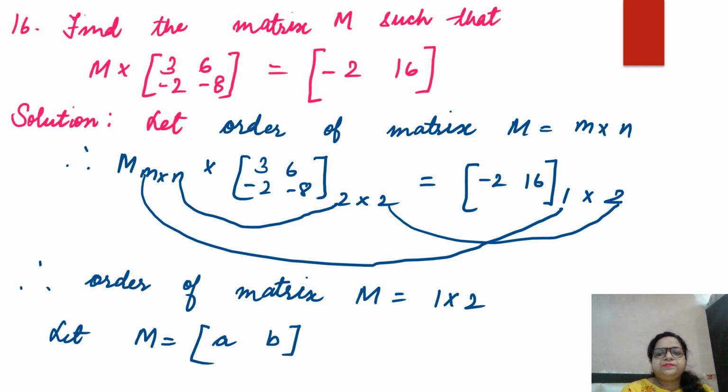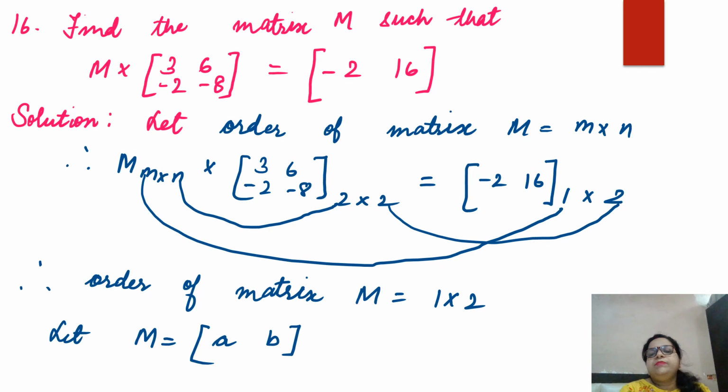It is given. So n, the number of columns in M, is equal to the number of rows in the second matrix, that is 2, and m will be equal to 1, because (m by n) into (n by p) is m by p.